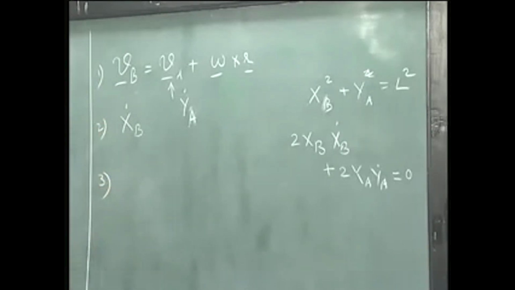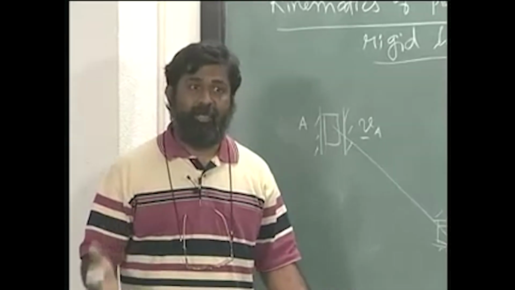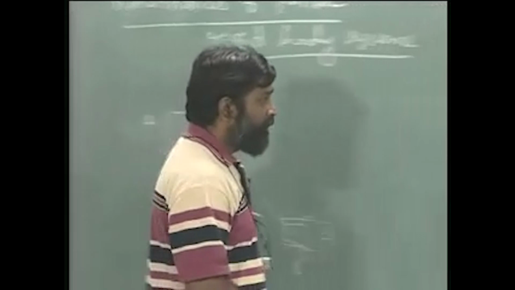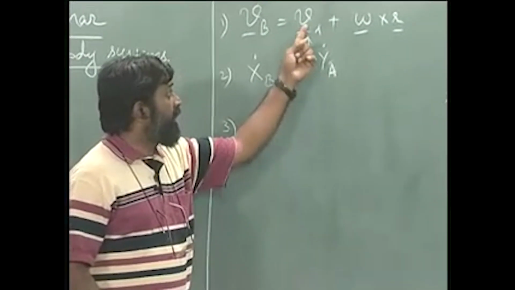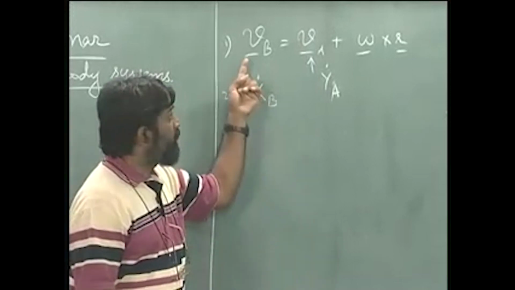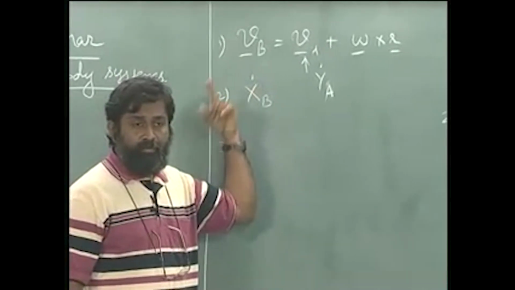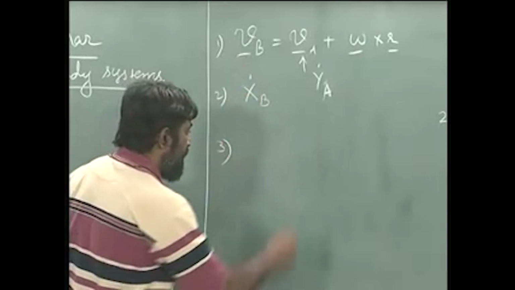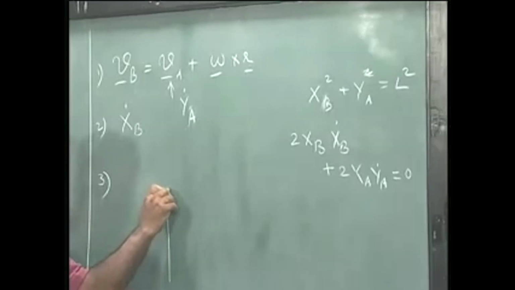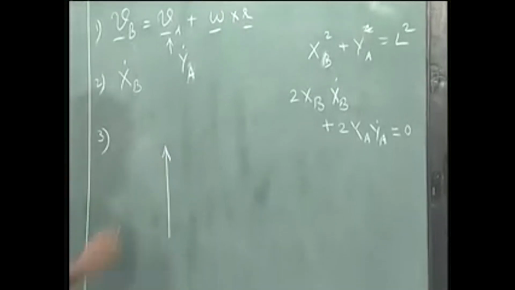There is also a third way of doing it, okay, which is often seen in many of the textbooks, okay. Do I know the direction of velocity of A? The answer is yes. Do I know the direction of velocity of B? The answer is yes. So let us say this is the direction of A, okay.